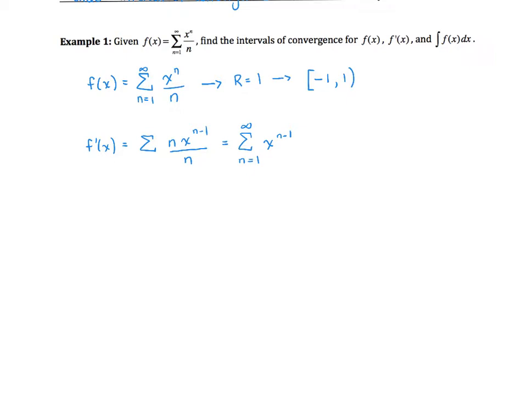When n equals 1 in our original series, what is the term that we generate? Well, we get x to the 1 over 1, so we get x. If the n equals 1 term in our original function gives us x, the n equals 1 term in our derivative should give us the derivative of x. It should give us 1. Does that happen here?